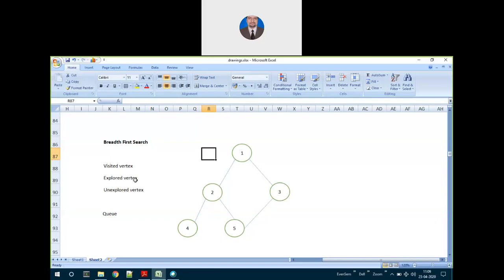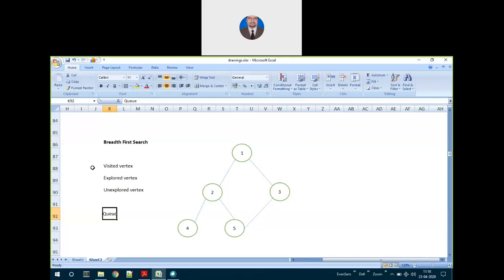In breadth first search, we encounter certain terms. The first term is visited vertex, the second is explored vertex, the third is unexplored vertex, and the fourth is Q. Q is a data structure which I think you studied in your second semester.